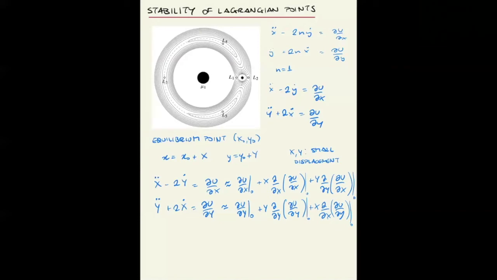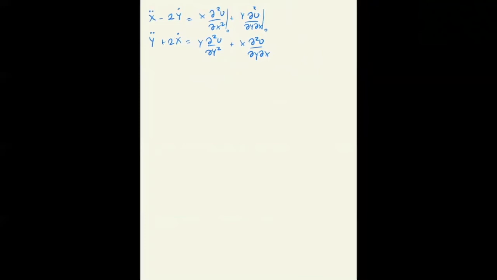Now recall that the equilibrium points were found by solving the equations du/dx equals 0 and du/dy equals 0 at the equilibrium points. So these first terms here cancel, and what you have then is plus terms of higher order in x squared, y squared, or xy that we're not interested in because these displacements are infinitesimal. Now these quantities are all constants because they are evaluated at a specific point.